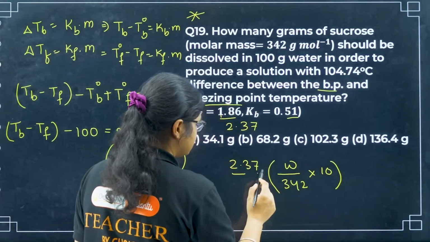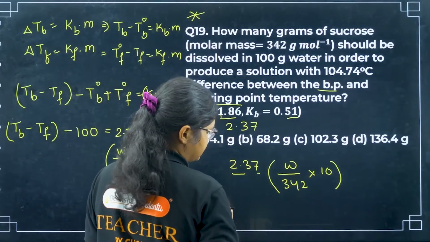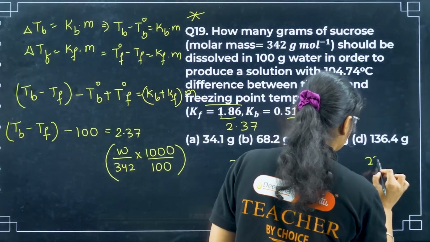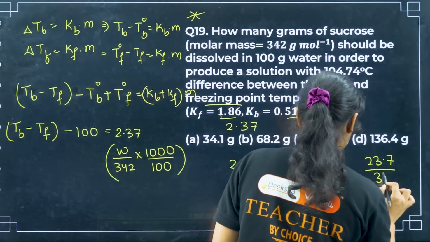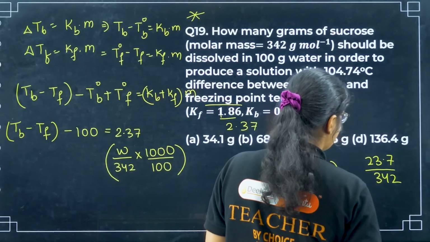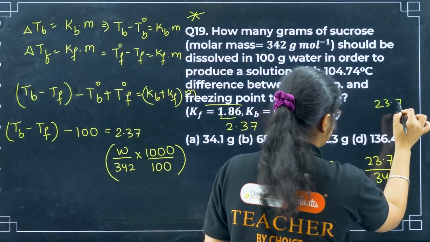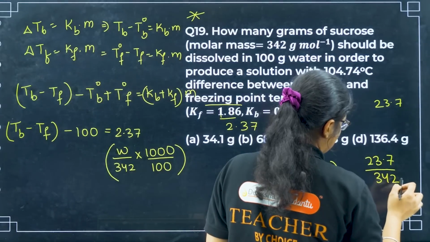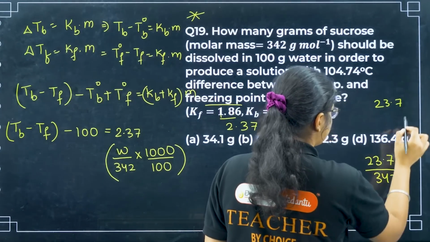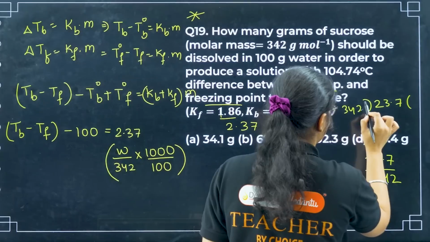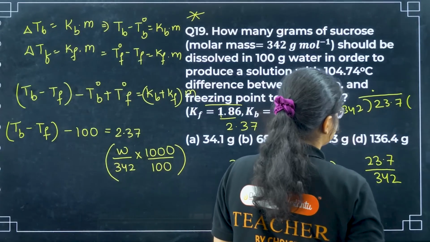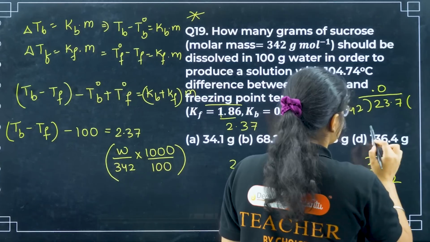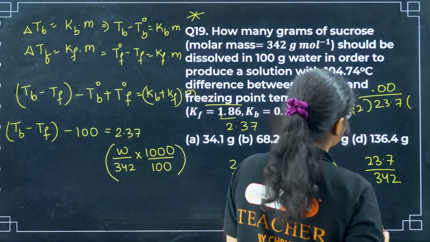So it is 23.7 if I multiply this 10 here. So 23.7 divided by 342, how much will I get? 23.7 divided by 342. First it won't go, so I'll add the decimal here, then a 0 here, then again a 0 I have to add.